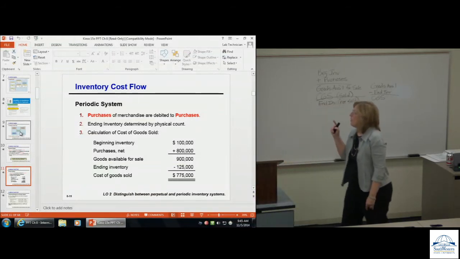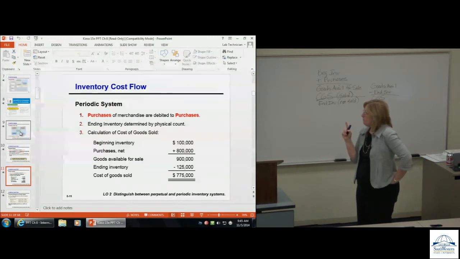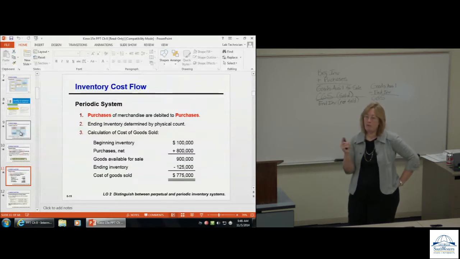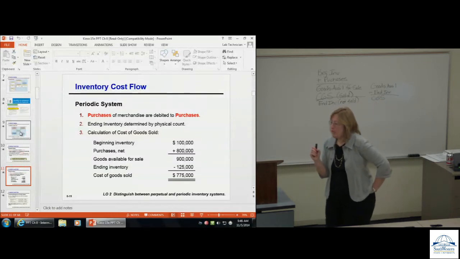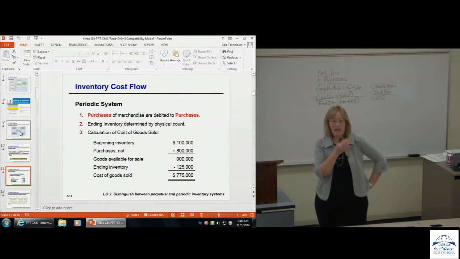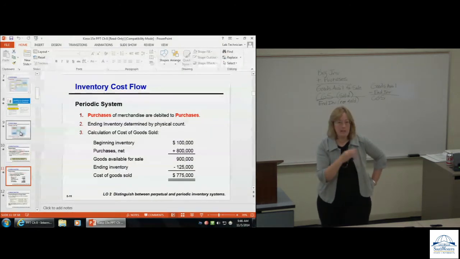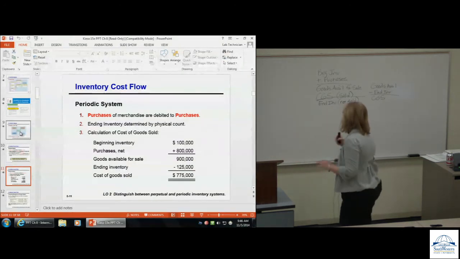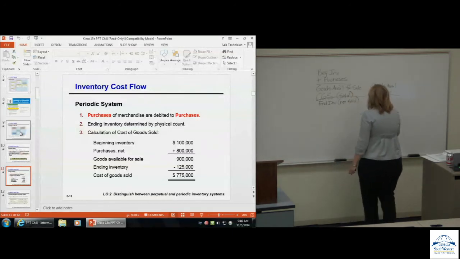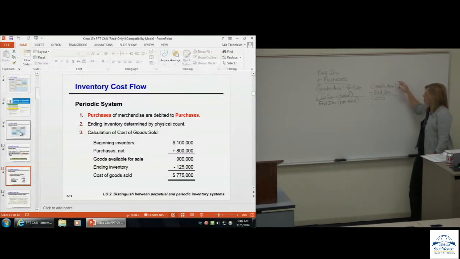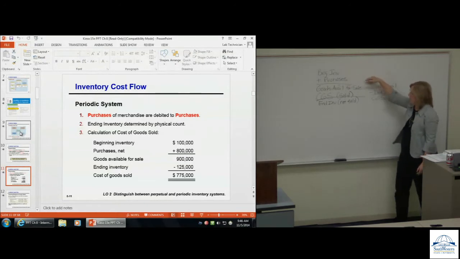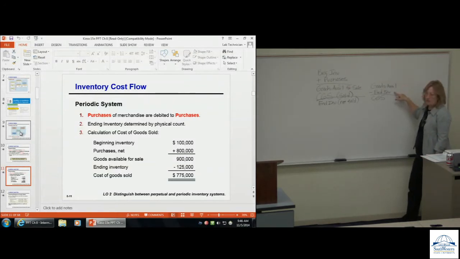Okay, so under the periodic system, the ending inventory is determined by a physical count. So what happens? They just go out there and count it once a year, twice a year. They figure out the inventory amount. They know these numbers, purchases and stuff like that, and then they figure out the ending inventory, and then they know what cost of goods sold is.